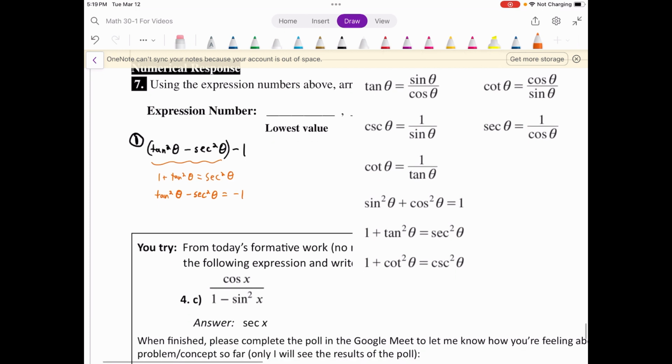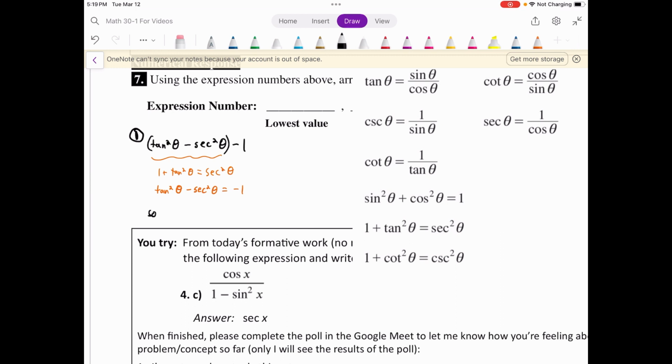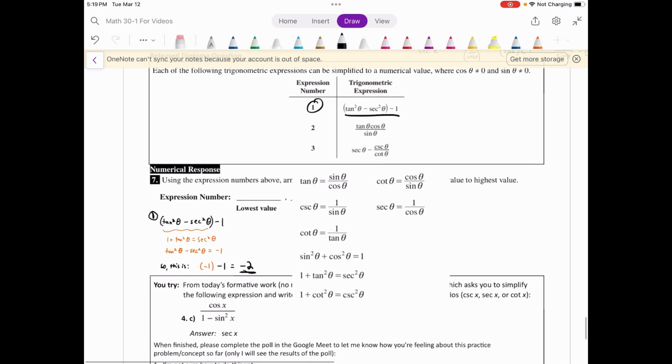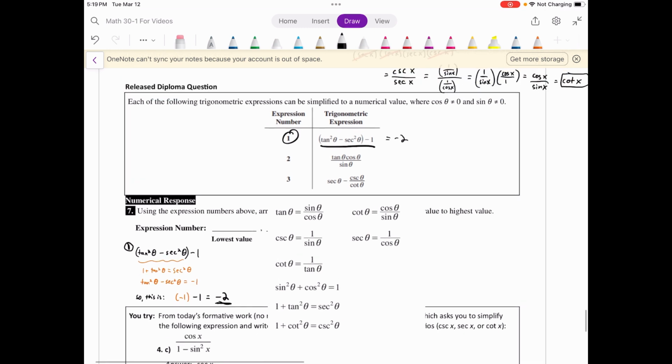So we can show with this identity that tan squared minus secant squared is just equivalent to -1. So this is actually just -1 minus 1, which is -2. So expression number 1 is just equivalent to -2 when we simplify using our trig identities. Okay, so that's good.